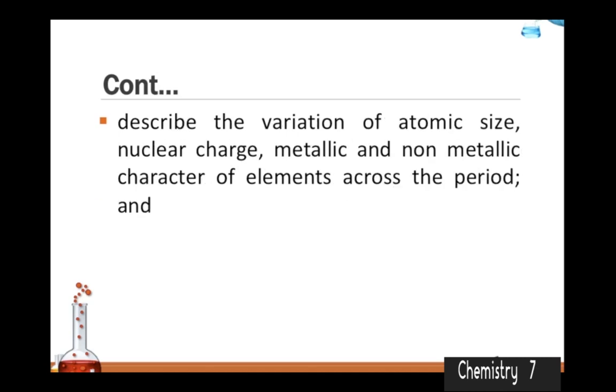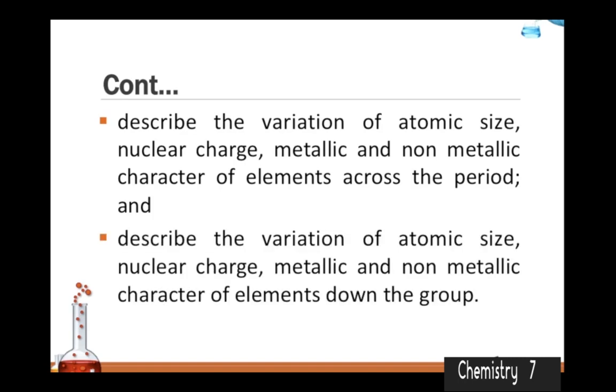Describe the variation of atomic size, nuclear charge, metallic and non-metallic character of elements across the period, and describe the variation of atomic size, nuclear charge, metallic and non-metallic character of elements down the group.